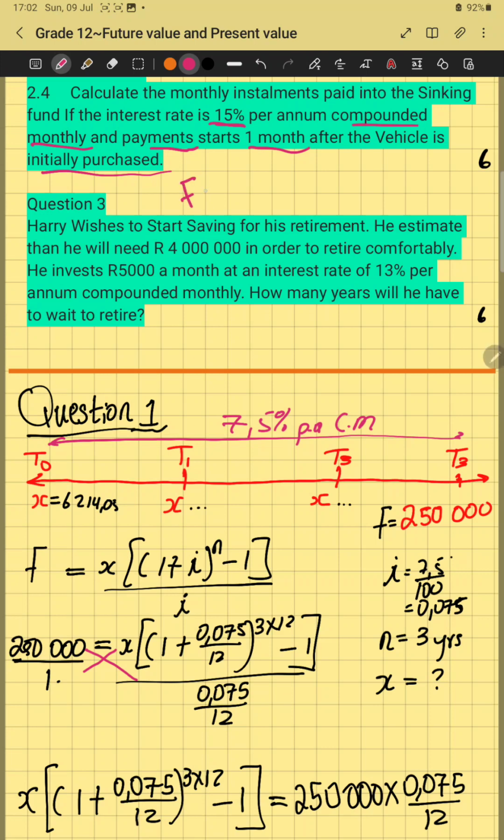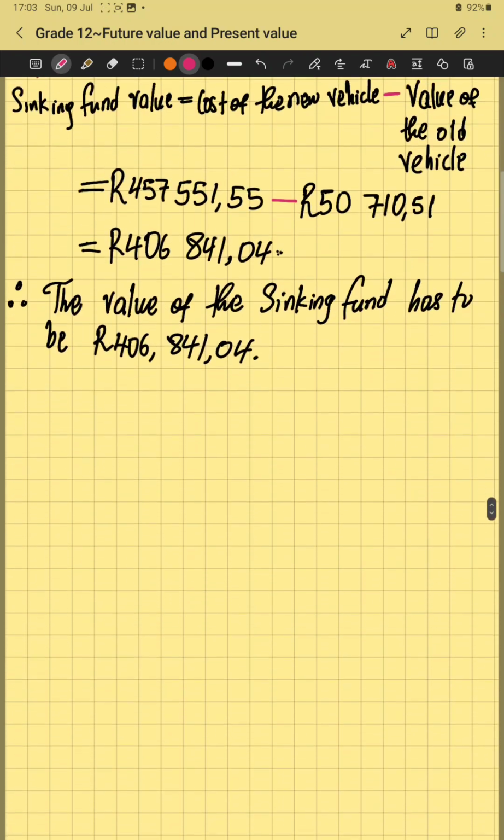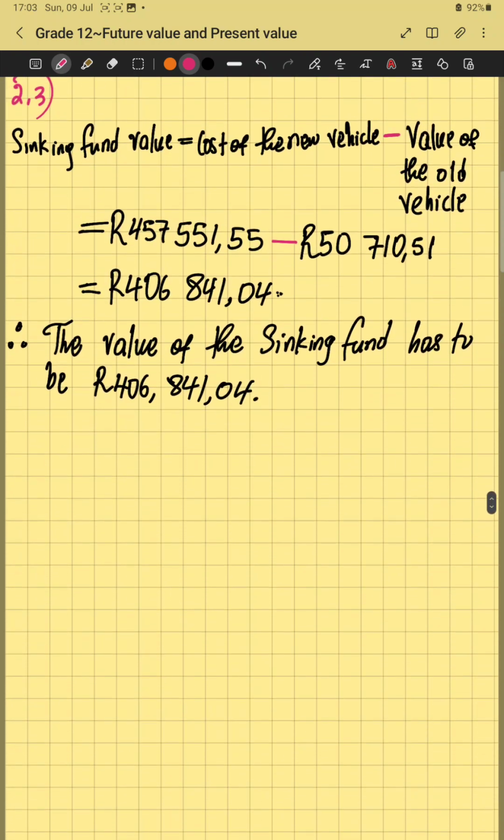You will remember we've got the future value, which is the amount that they are planning to have, that is 406. Okay, that's the sinking fund value. So now this is I percentage, and now we are looking for X, that is each and every month. We want to know what will be the amount that this company must invest.